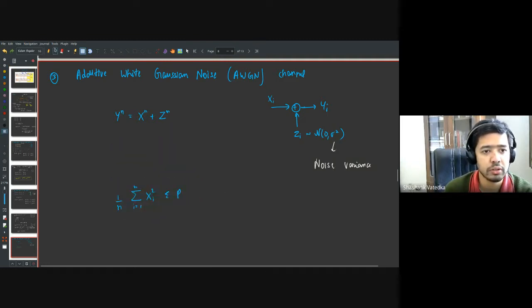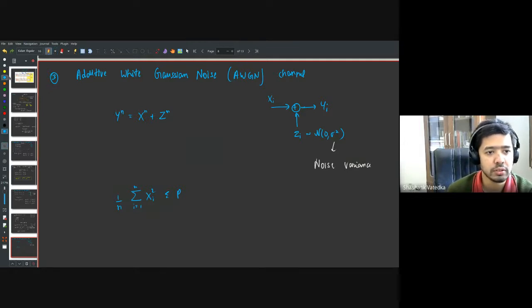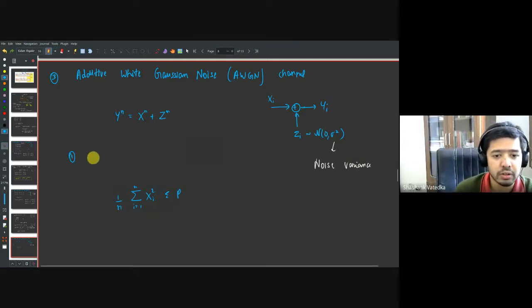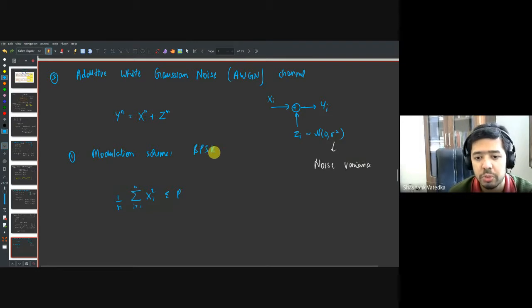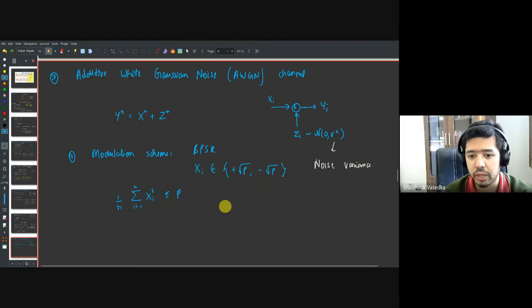One possible constraint, if you use a particular modulation scheme, say BPSK, then each xi is either plus square root p or minus square root p.